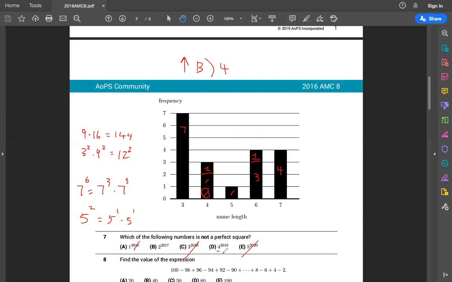So because 4 is a perfect square, what you'll end up getting is 2 to the 2019th squared. So this is equal to 2 to the 2019th power squared. Now that doesn't work for B because the base is only 2. So B is our answer.